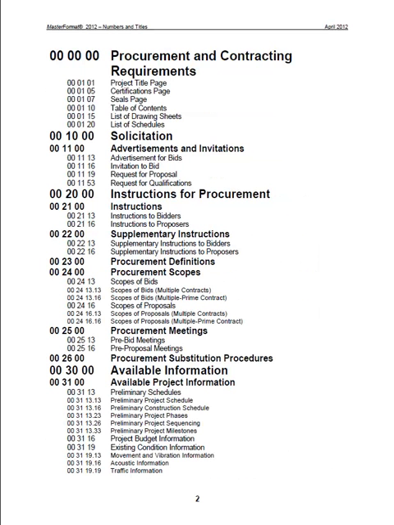So if we actually look at this Division 00 for procurement and contracting, we have a number for a title page, a seals page. This is where your engineering seals would be on the specifications. List of drawing sheets that need to match up. So if you find a drawing sheet that's not in the list, you need to question it. List of schedules.